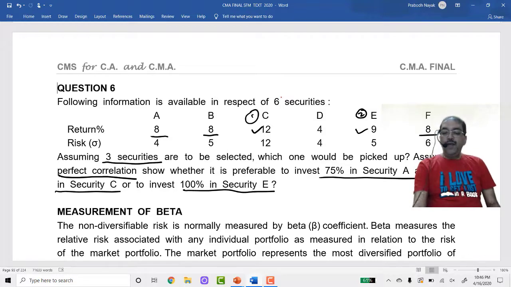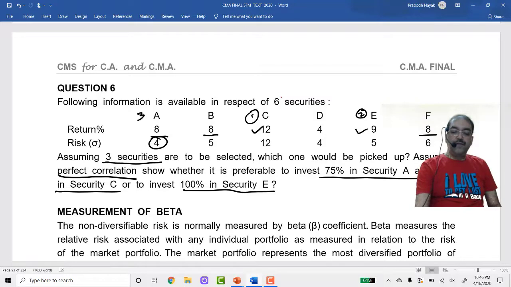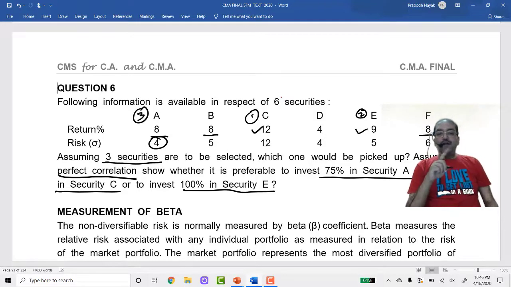Now A, B, and F, out of that, the risk is minimum over here. So that means this becomes my third security. So first I will select security C. Second I will select security E. Third, I make a choice between A, B, and F. Whichever is having minimum risk, that is A, will be selected.